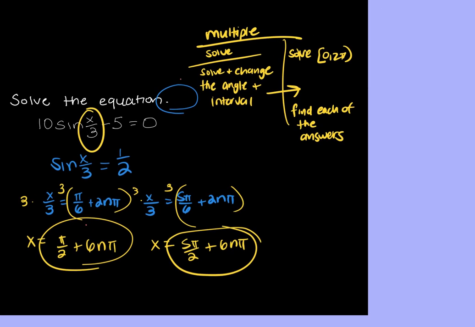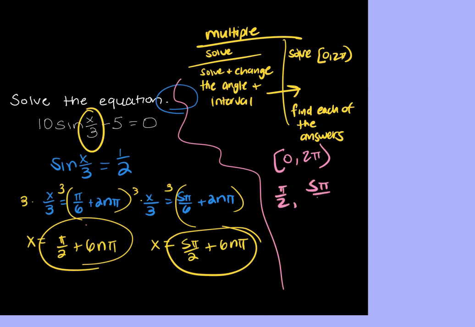And then if it did have the interval, I would do exactly what we just did there first. I'd find the first angles using the given one, so pi over 2 and 5 pi over 2. And then I'd add on that interval and see if it would fall within my range. If I take pi over 2 and I add 6 pi to it, is it between 0 and 2 pi? No, so these are my only answers.